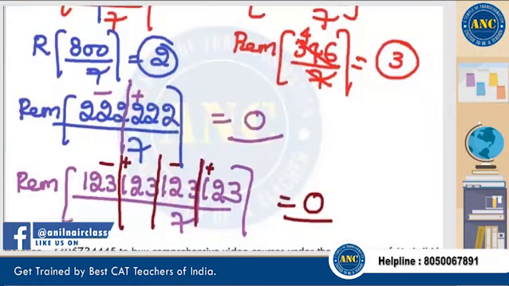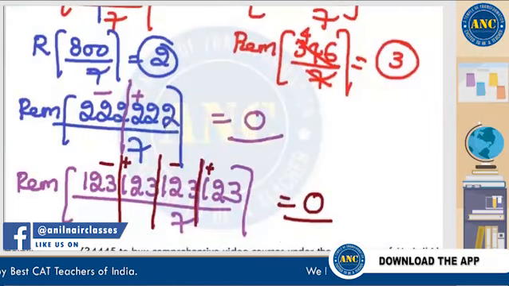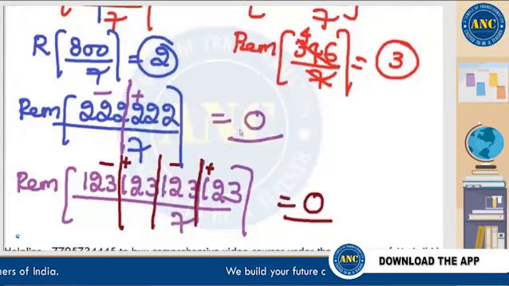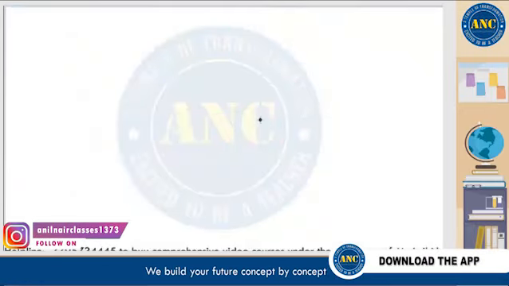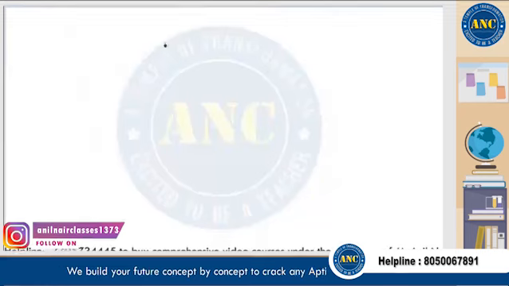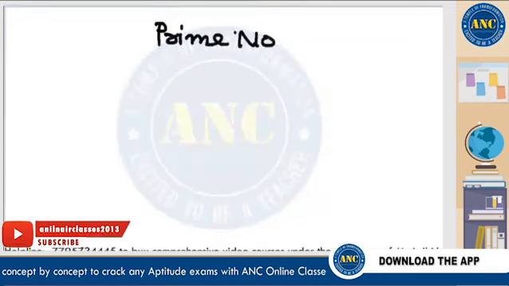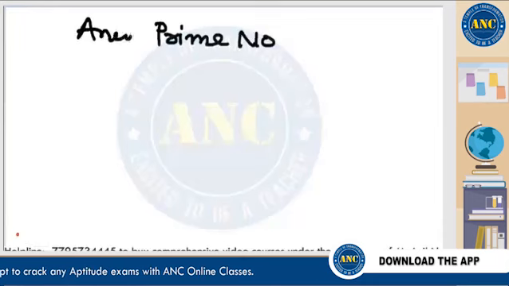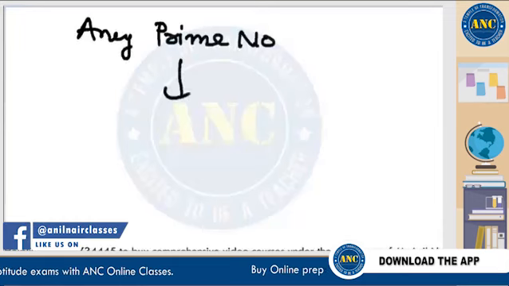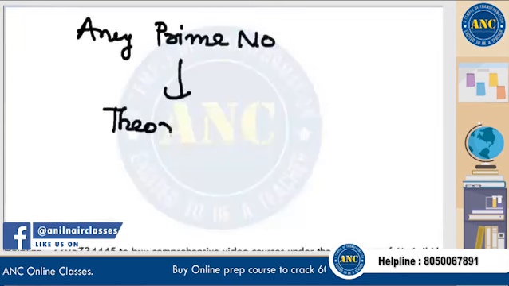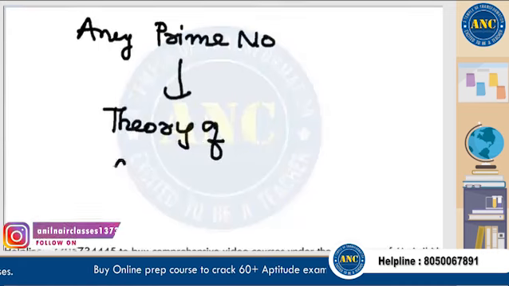Right? Suraj, in case you are preparing for CAT, your teacher should say this. You can find out the divisibility rule of any prime number by using the theory of osculation.